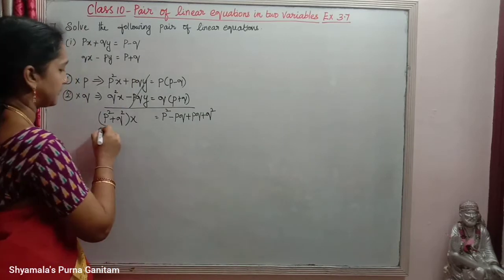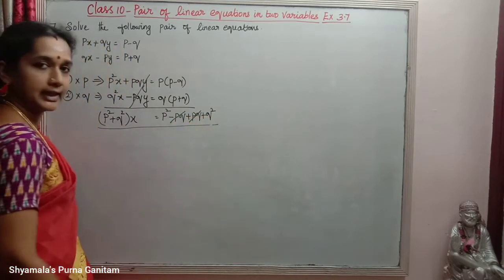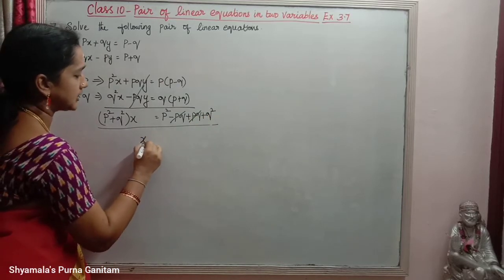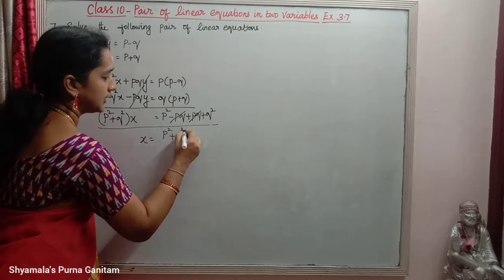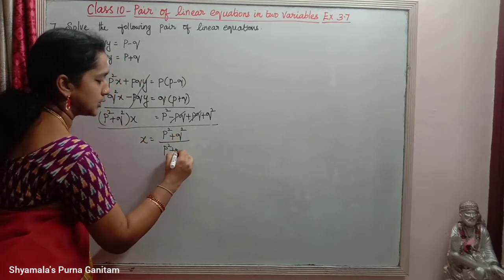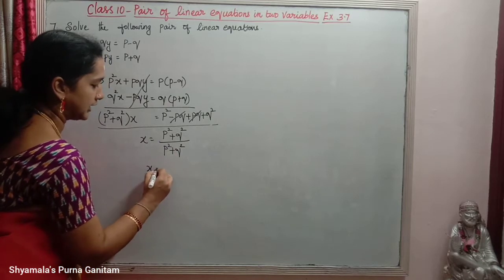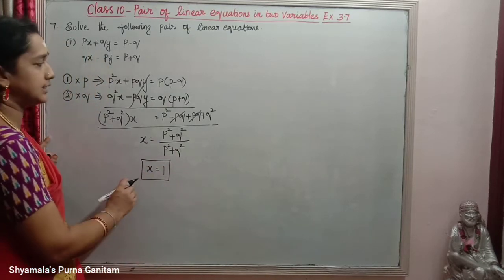Like this I get. So plus pq minus pq will get cancelled. So x is equal to p squared plus q squared divided by p squared plus q squared. So x value I will get as 1. Okay, x is equal to 1.